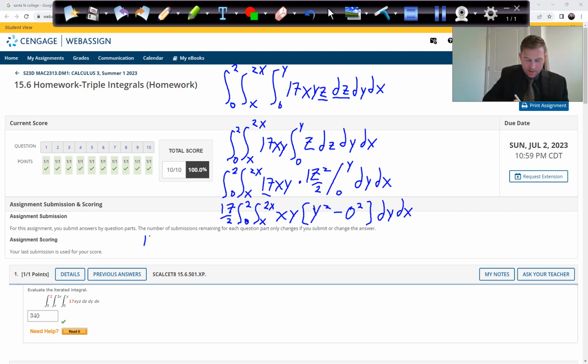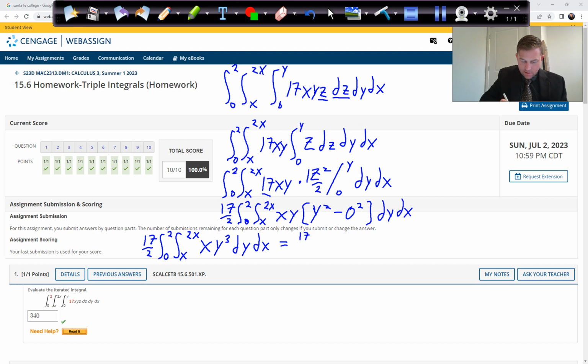So now we get 17 halves, 0 to 2, x to 2x of, we're going to have x times y to the third, y times y squared, and then we're dealing with dy dx.